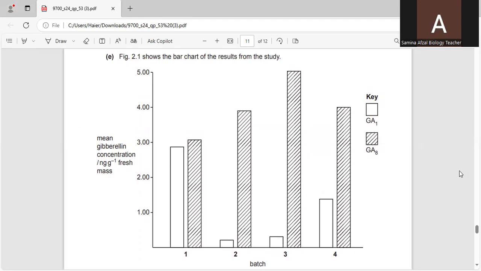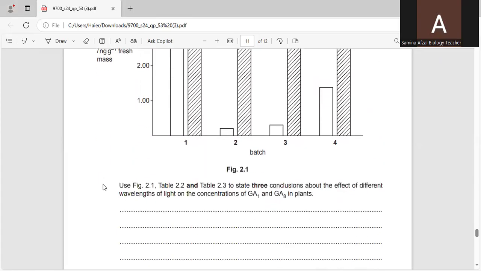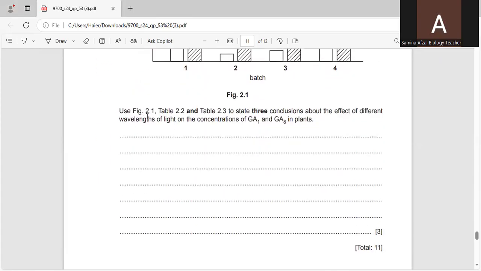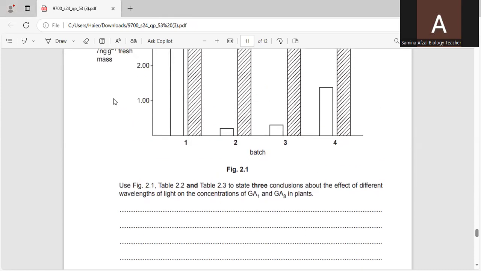They have shaded the GA8, and GA1 is plain without any shade. Use figure 2.1, table 2.2 and table 2.3 to state 3 conclusions about the effect of different wavelengths of light on the concentrations of GA1 and GA8 in the plants.